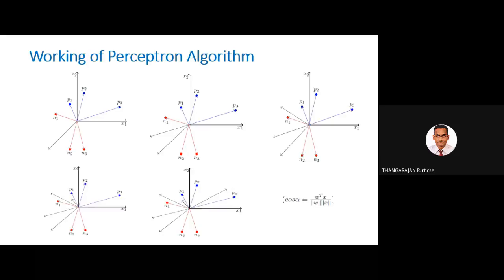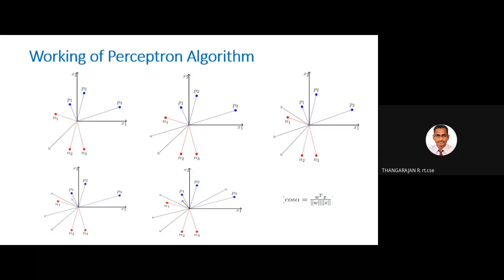The first figure shows an initial random weight. In the second figure, I choose a positive sample, P1.